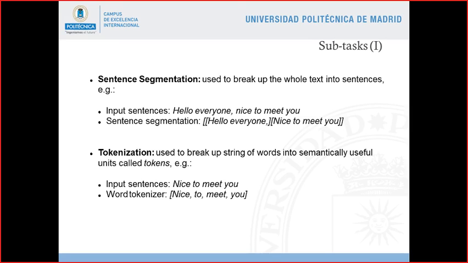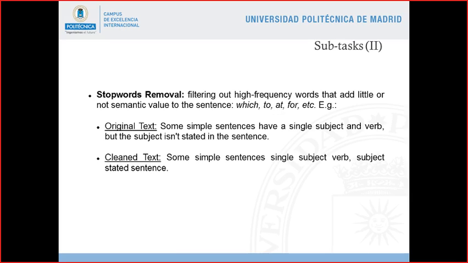So we will continue with our subtask. The second subtask is optional. It depends on the task that you are going to perform.